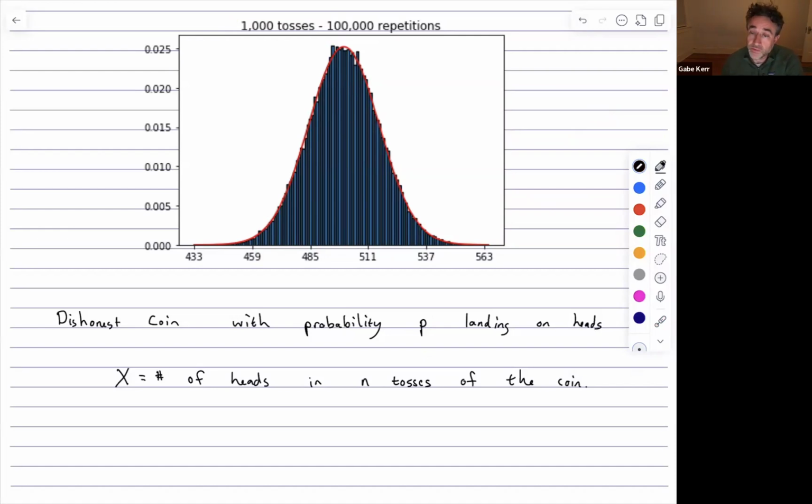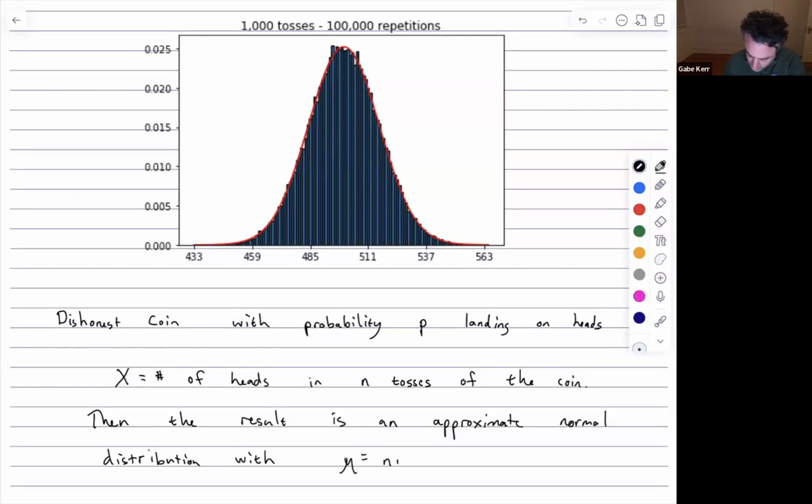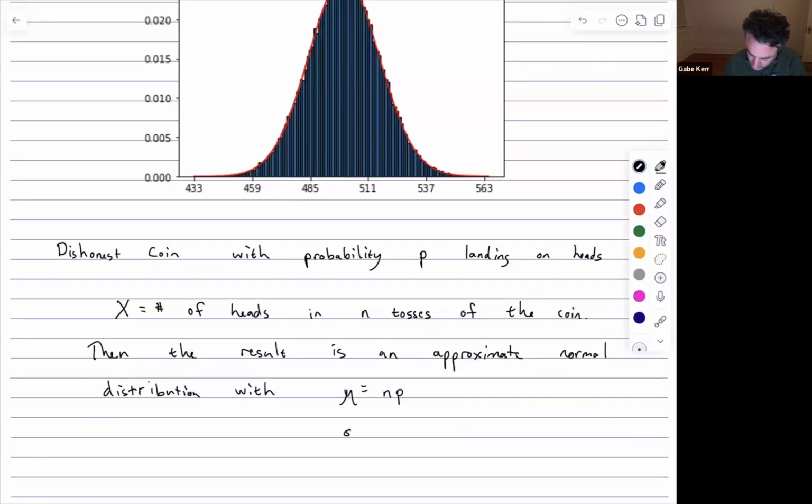So the result, which follows from the central limit theorem and some of the other statistical analysis, is that you get an approximately normal distribution with mean mu equal to n times p, and standard deviation equal to the square root of n times p times 1 minus p.